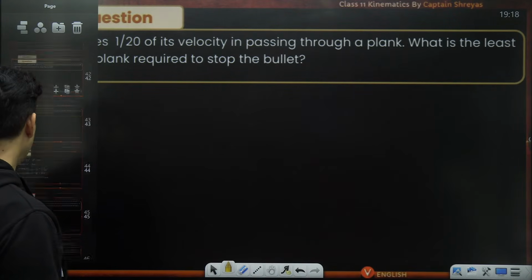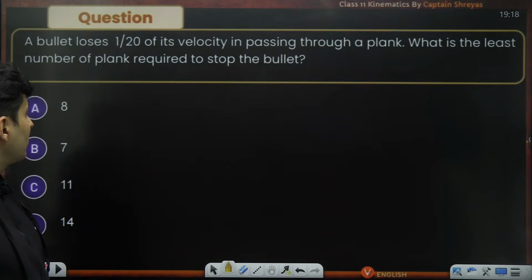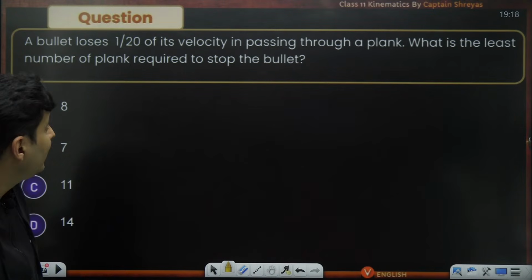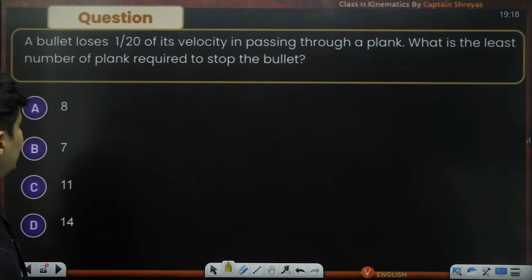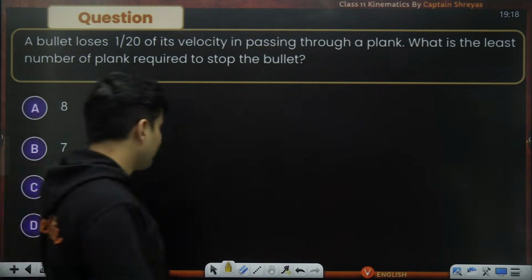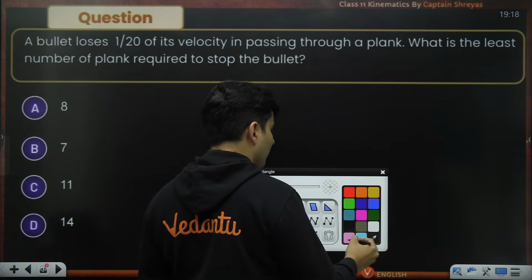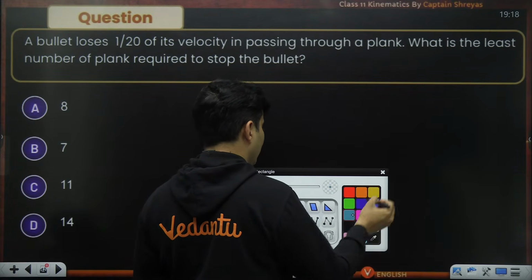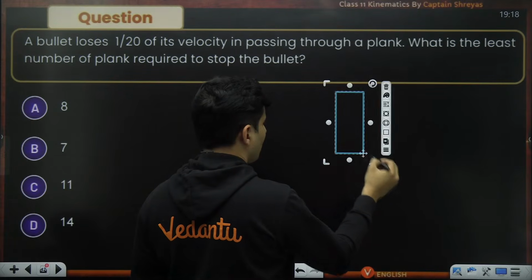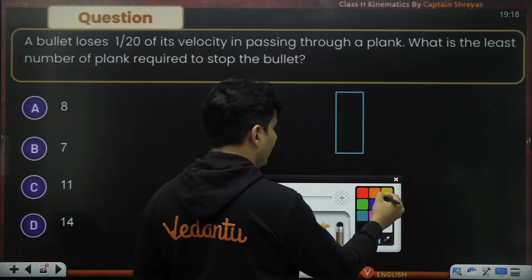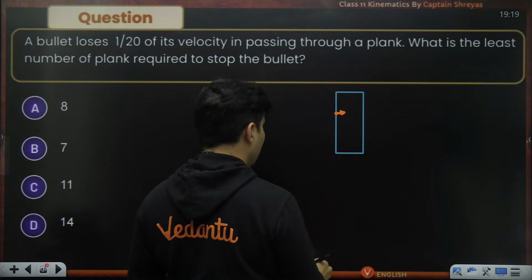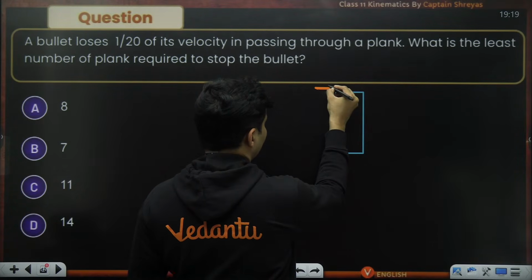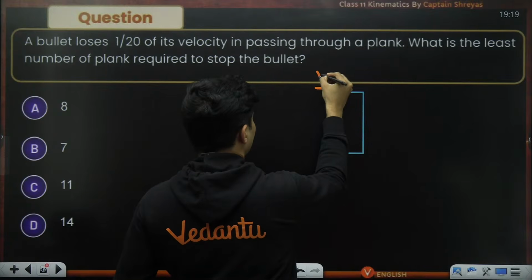And here it comes. A bullet loses 1/20th of its velocity when it passes through a plank. What is the least number of planks required to stop the bullet? Very interesting. So imagine we have a plank like this, and when that bullet enters this plank, it is entering with some velocity, let's say u.